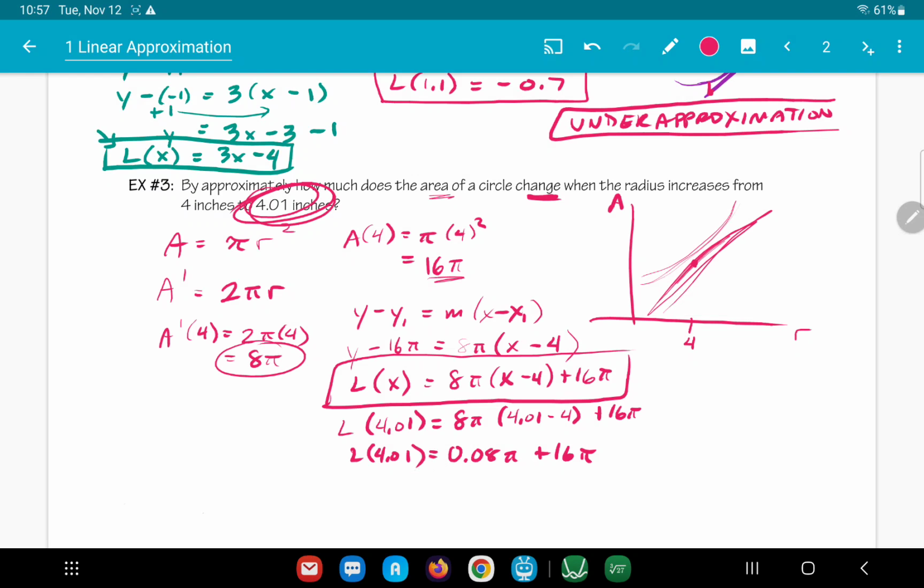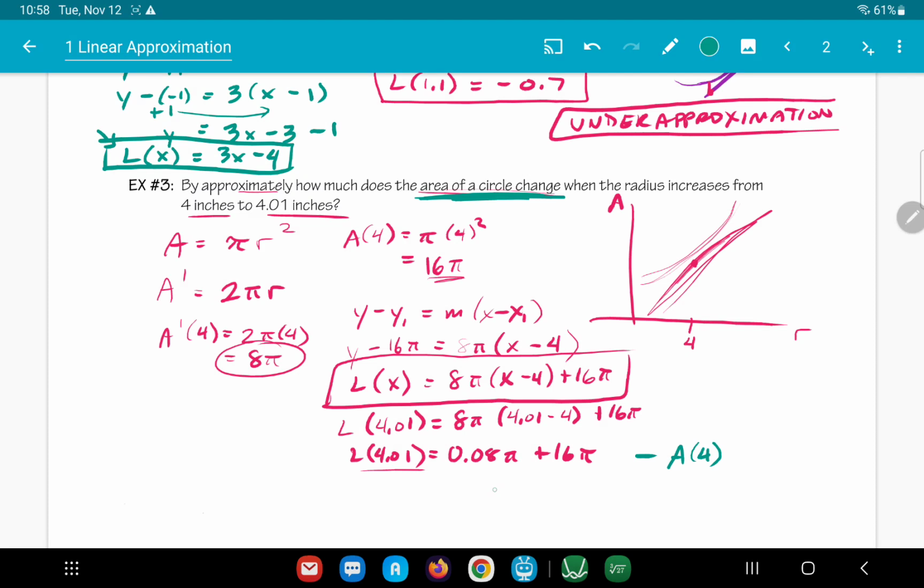Now, let's read the directions again. It says, by approximately how much does the area change as you increase from 4 to 4.01 inches? This is 4.01 inches. And what we want to do is take away the actual area at the value of 4, because we want to find the change, right? It's saying, how does the area change?